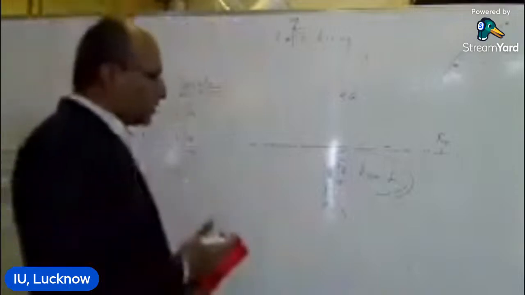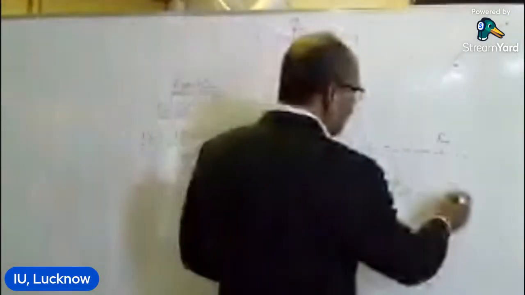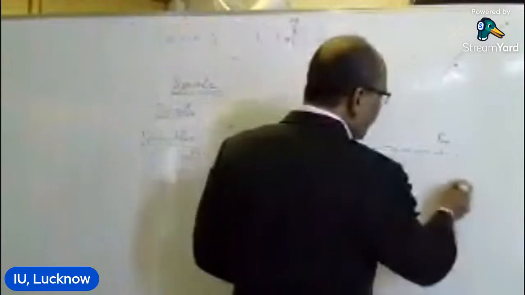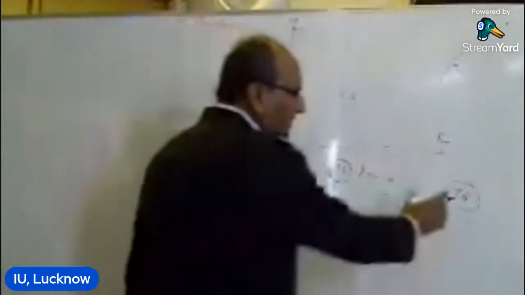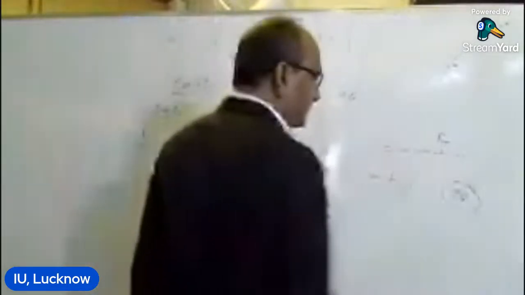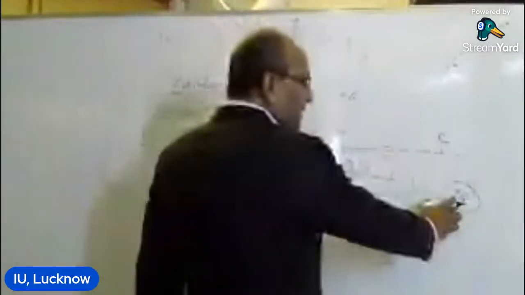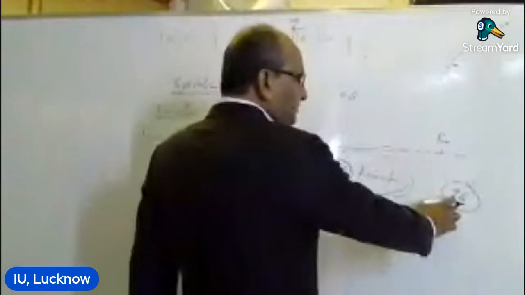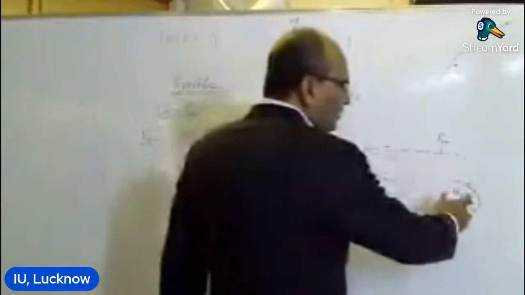Suppose someone got 98 percentile. It means his position is at the 98th percentile, meaning 98% of the students are below this position and only 2% are above this position.